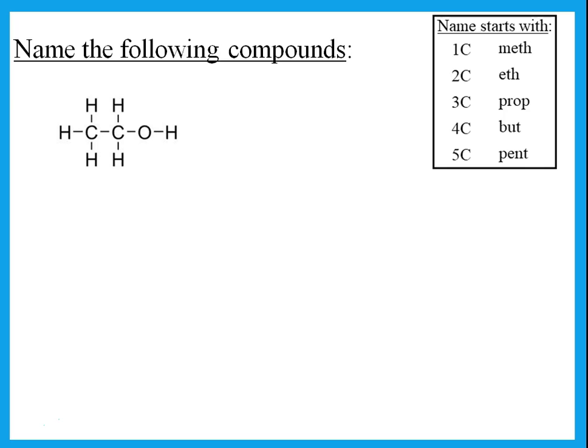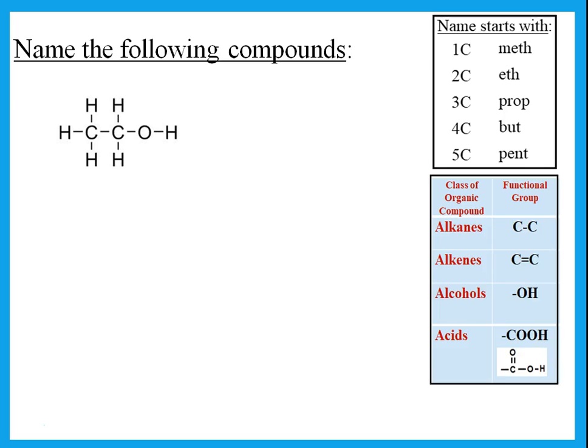Now it's going to be eth what? Is it ethane or ethene or ethanol or ethanoic acid? Well, it has an OH, that means it's an alcohol, and all alcohols will end with ol. So this is called ethanol.